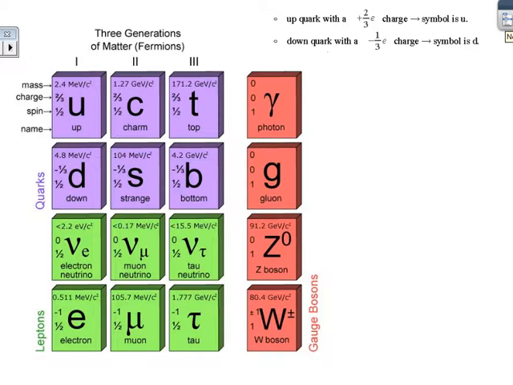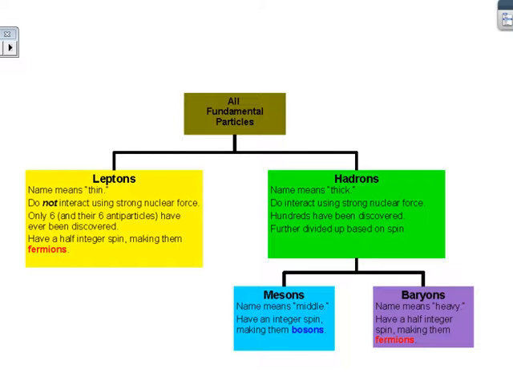Now, out of that, though, they started to look at these hadrons. They looked at the leptons and like, well, these leptons, there's only 6 of them, and they're pretty small, so there's probably nothing smaller than those. Those are probably fundamental particles. And then they looked at the hadrons and like, well, there's lots of these.